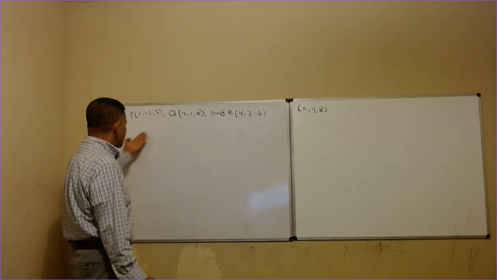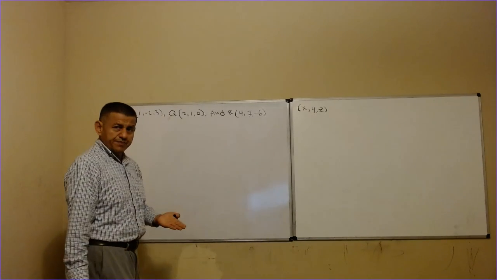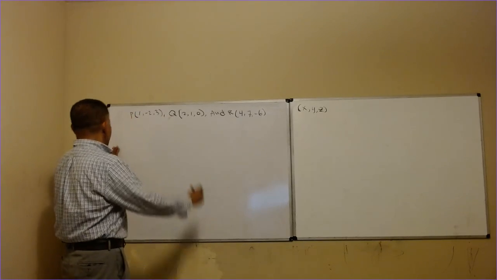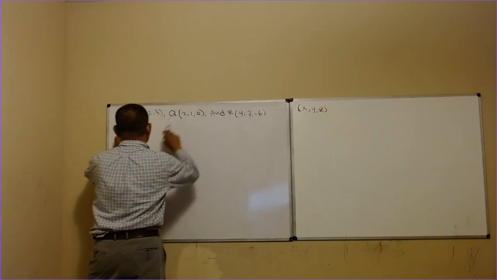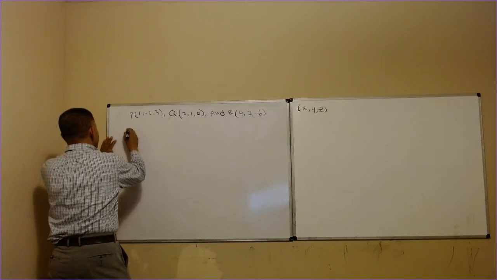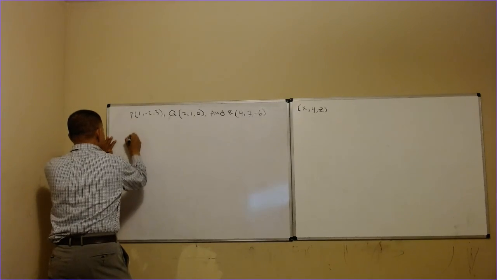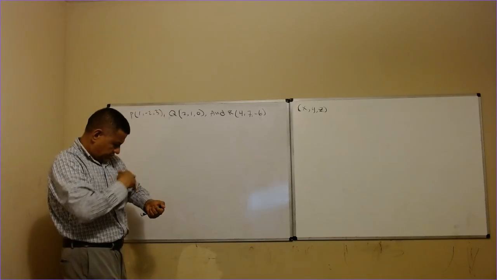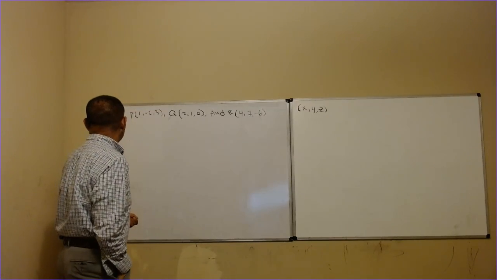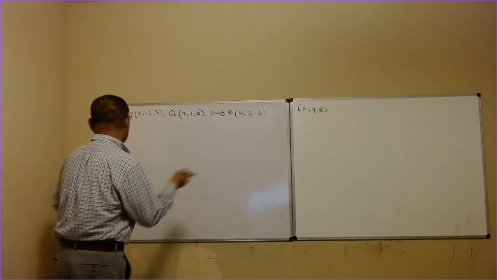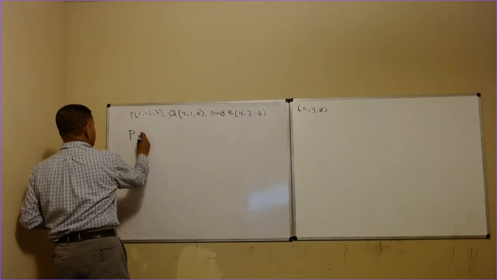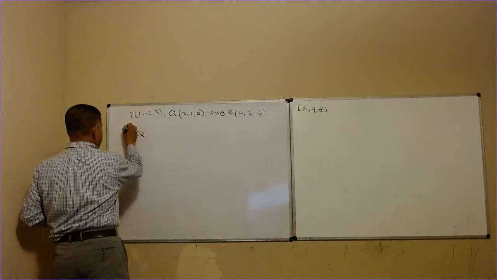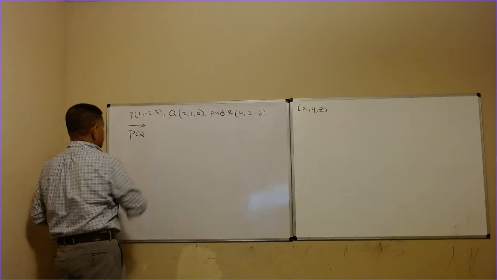Okay, so same thing here. We're dealing with three-dimensional space, right? Now, how do I find the difference between this and this? So we write it like this. We put P, and then Q, and we put an arrow on top.